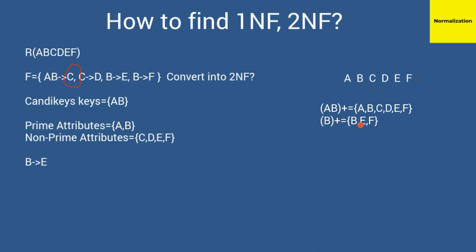So B plus gives you B, E and F. You exclude B, and the remaining elements are E and F. Separate those and make a copy of B into the other table, so this B is included in the other table also. So now the two different tables are ABCD and EFB.